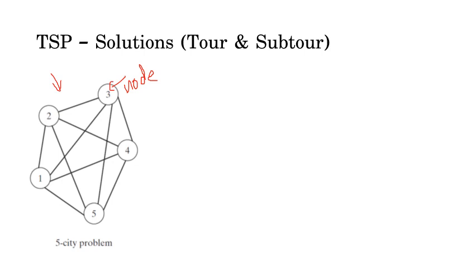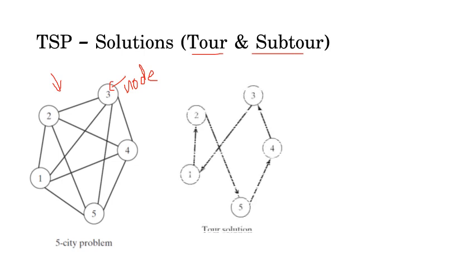So all the nodes are connected to each other, or every node is connected to every other node in this network. Now, a traveling salesman problem can have two categories of solution, which are tour or a subtour.